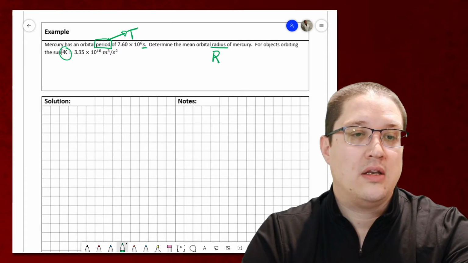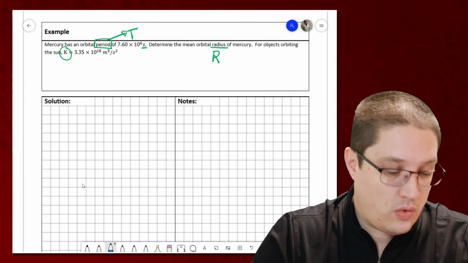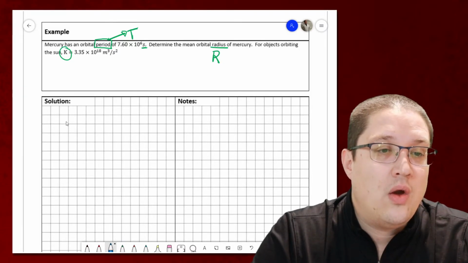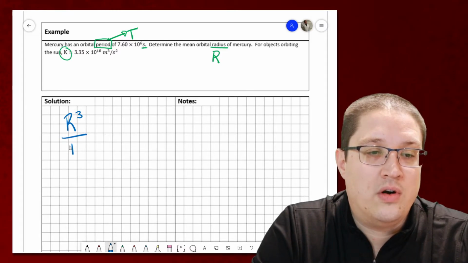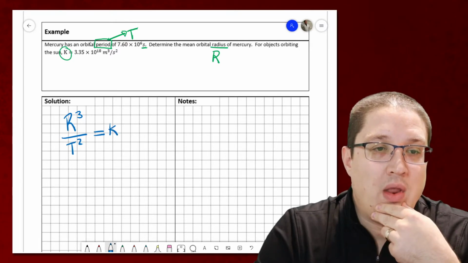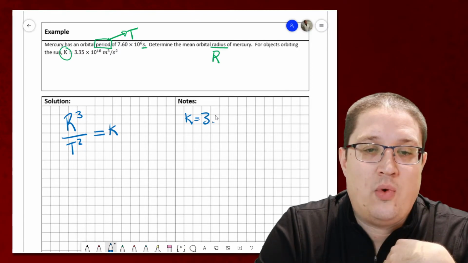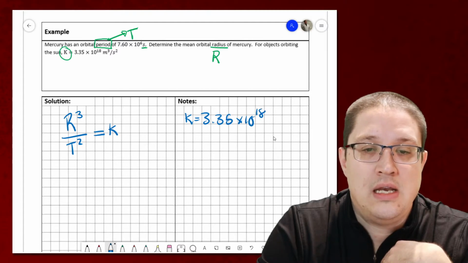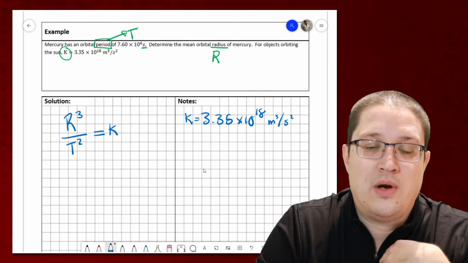So taking a look at this, if we start off by writing our formula here, we have R cubed over T squared equals Kepler's constant. Now I know that my Kepler's constant is 3.35 times 10 to the 18 meters cubed per second squared.